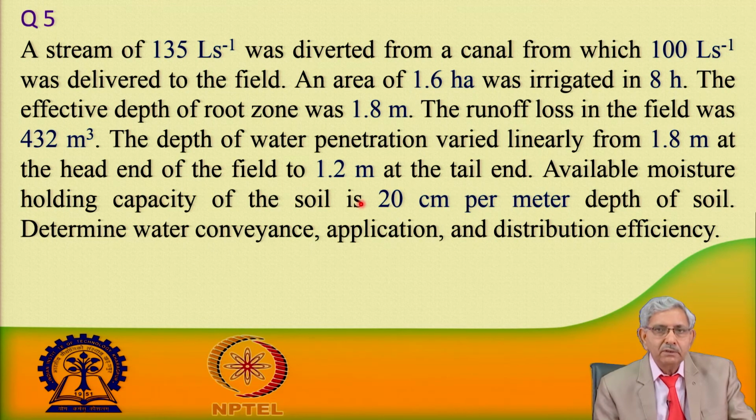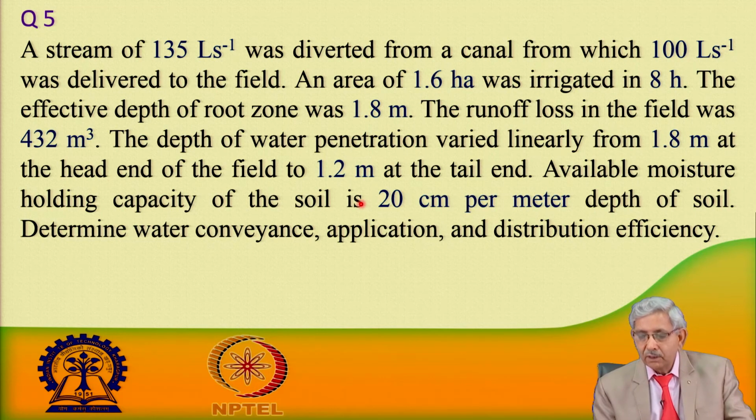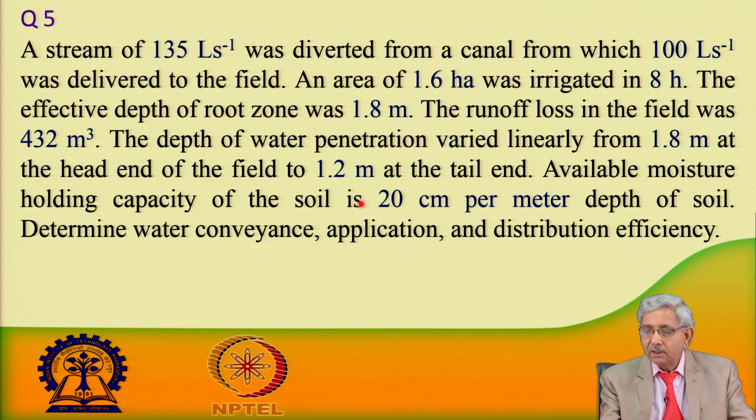Question 5 is also on the efficiency side. A stream of 135 liter per second was diverted from a canal, and the water that reaches the field is measured at only 100 liter per second.